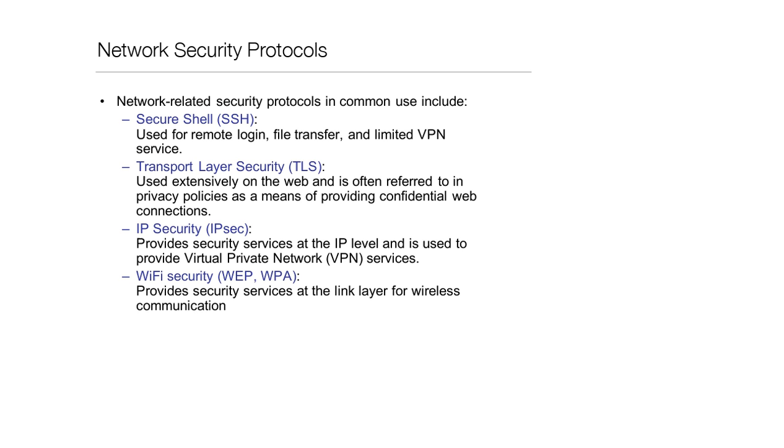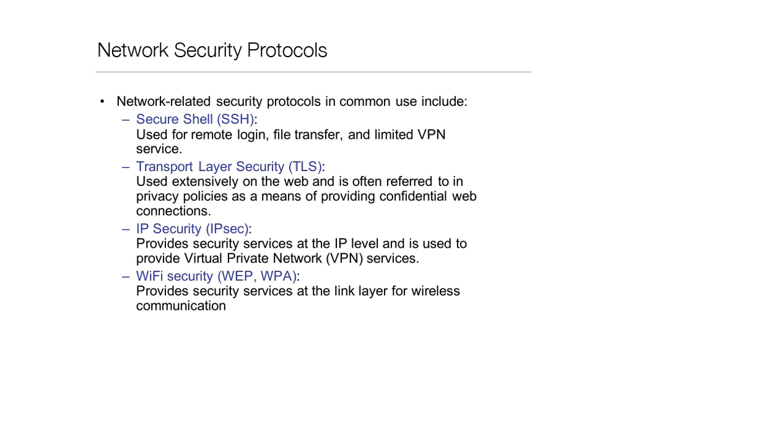So one is the secure shell protocol, which is commonly called SSH. This is used for remote logging, file transfer, and a limited VPN service. So mainly for remote logging and file transferring. And the second is transport layer security, TLS.